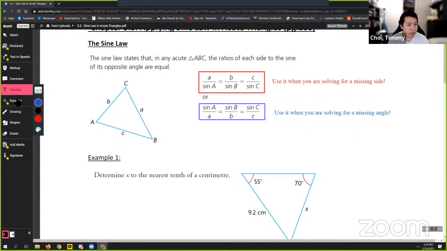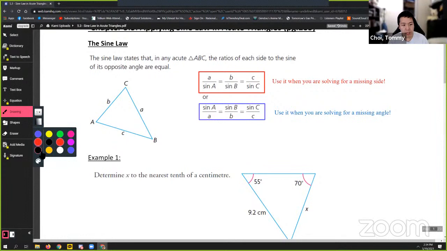Two distinct uses, and the reason why we do this is because the top will avoid some weird fraction movement, right? If you use it in the correct way. So in the top one, if you solve for the missing side, it will help you organize your thoughts a little bit faster by just multiplying sine A or sine B to the other side.